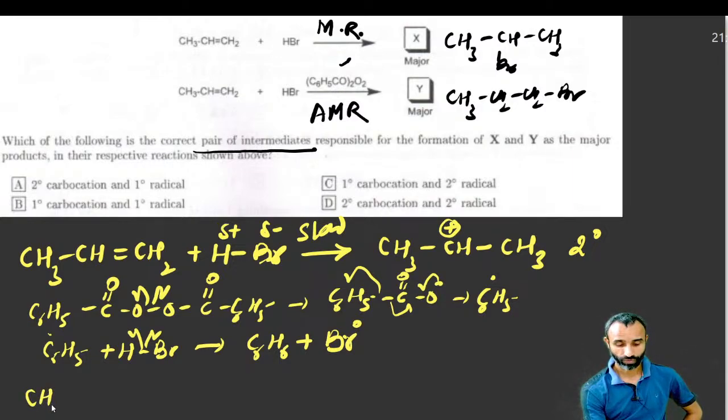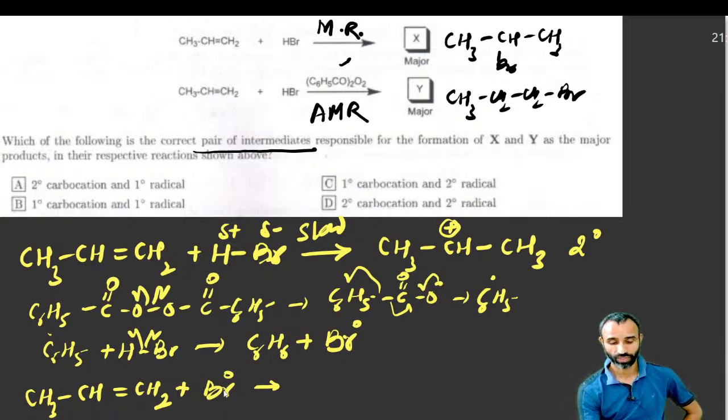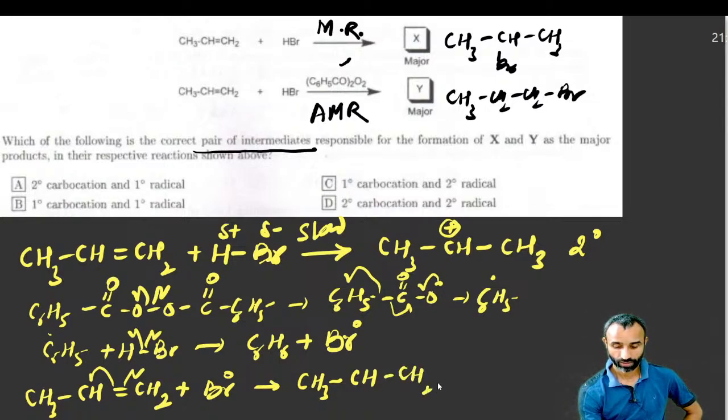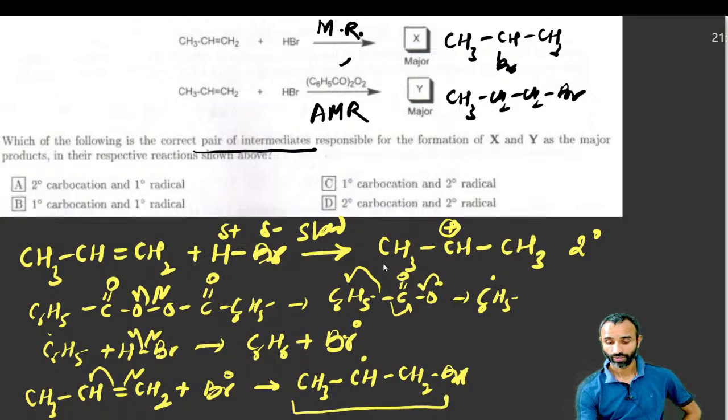Now, in the first case, H positive is added. But in this case, first Br free radical is added. It leads to homolysis, and we get again a secondary free radical, because secondary free radical is more stable than primary. So this is formed in the major amount. Here it is formed in the major amount.